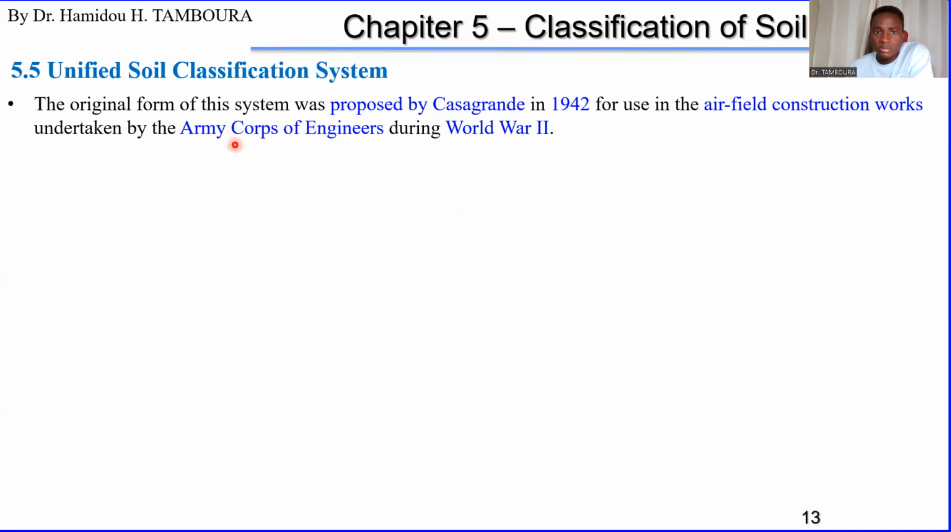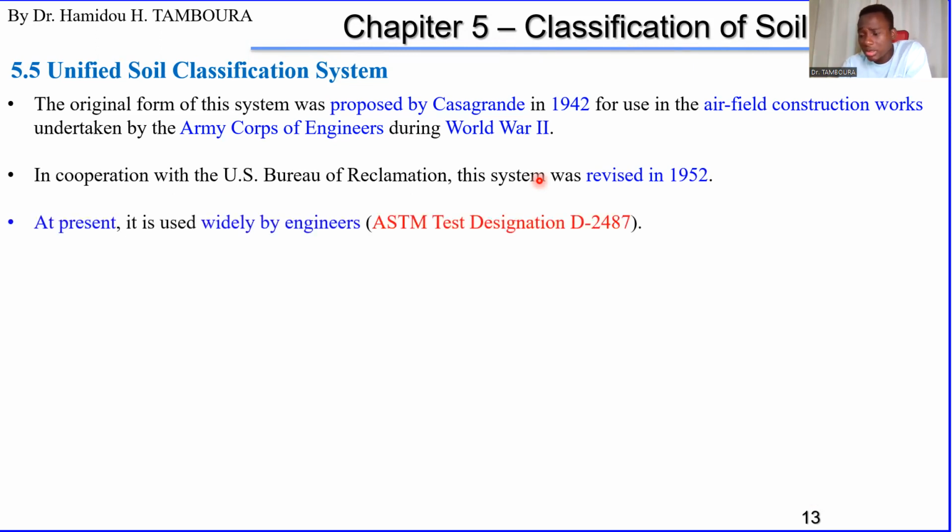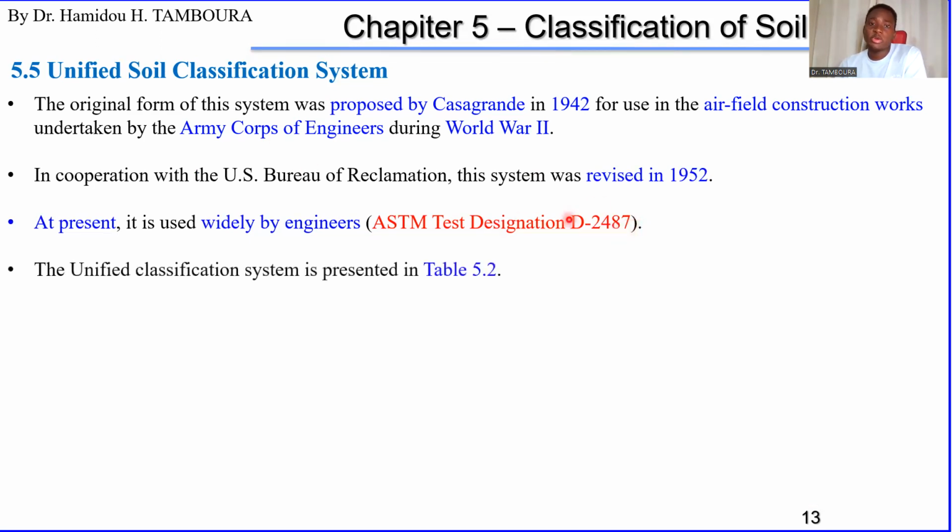And as you can see, US Army Corps of Engineers. Then after that, they revised the system in 1952, I think. And now this classification is widely used in almost all countries, I think. The designation of this system is American Society for Testing and Material, test designation D2487. Okay. This is just information.